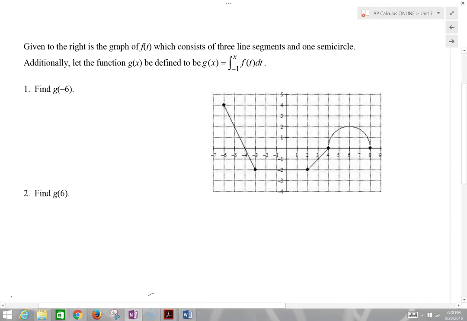Let's try it again. g of x is defined to be the integral from -1 to x of f of t dt. Now, g of -6 is going to be the integral from -1 to -6.